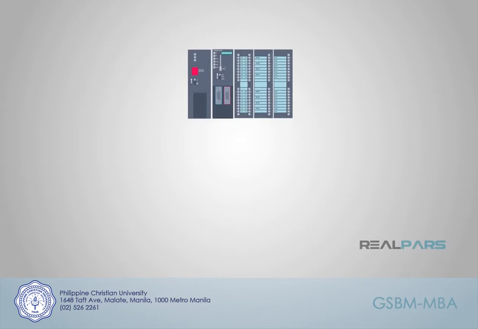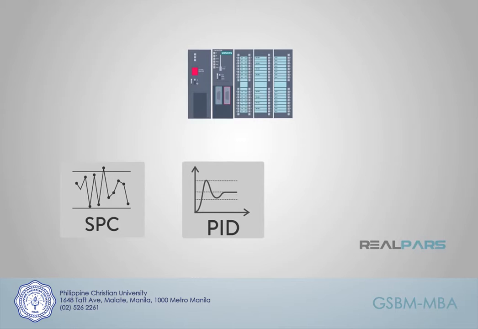To make these numerical devices useful, they included calculation capability in the programming as well, so that we can now calculate, for instance, statistical process control, or SPC values, and put PID controllers directly into the PLC program.